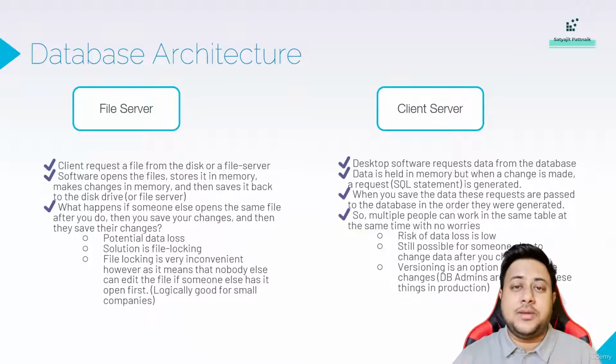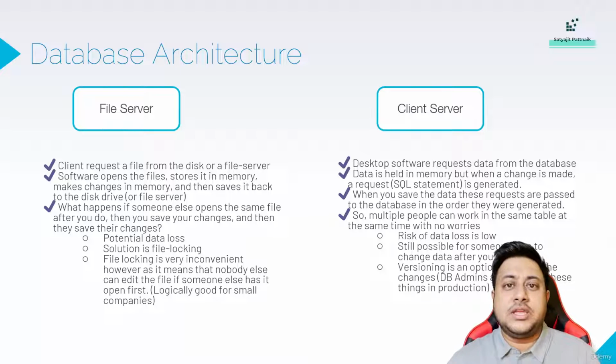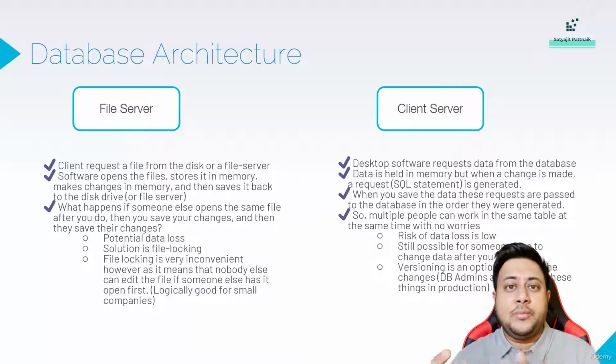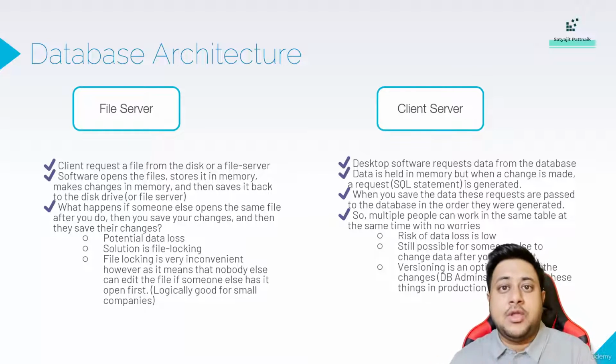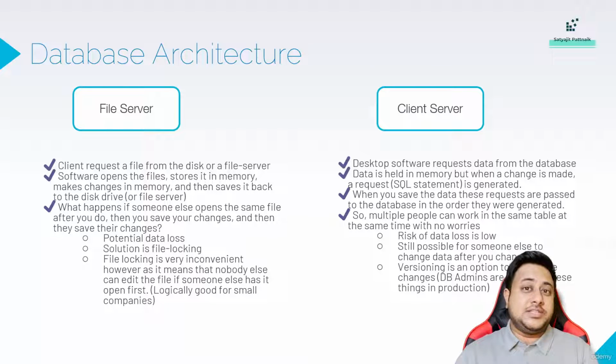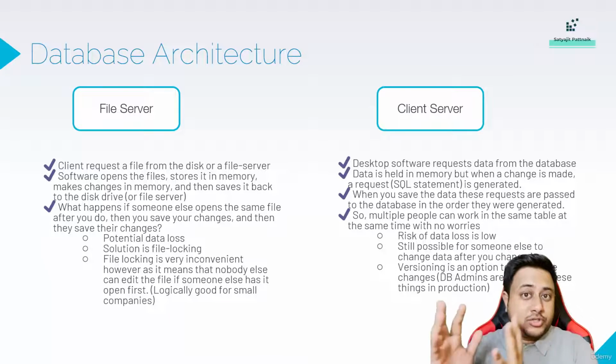Versioning is an option to record the changes. Now, what is versioning? We don't care about versioning because we as data analysts are not the owner of the data, right? Normally in companies, in MNCs, in small companies, whichever company you go, there will be a DBA team, a database administration team, who will be monitoring the databases. So versioning is something which is implemented by them. Now, just imagine when your product goes into production.